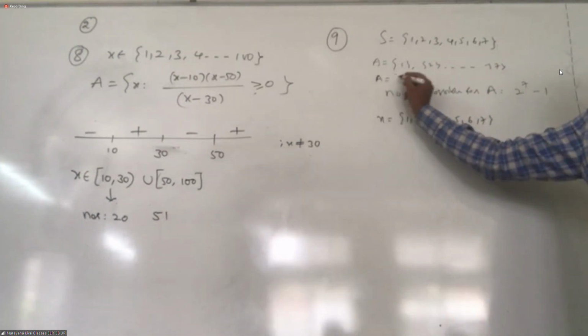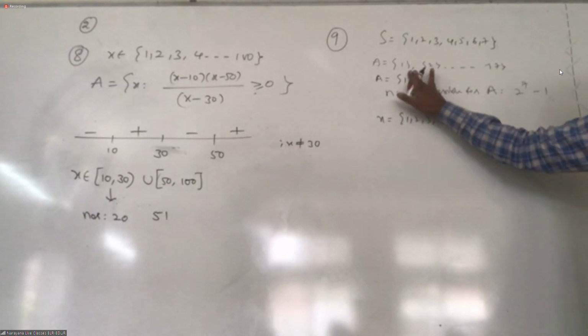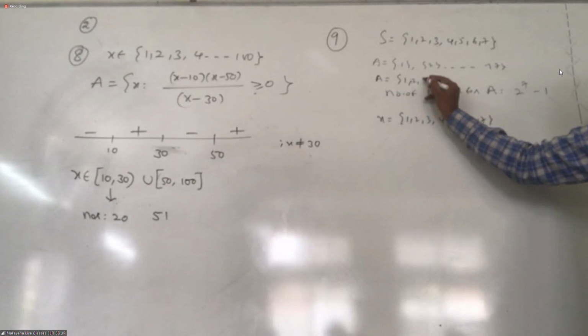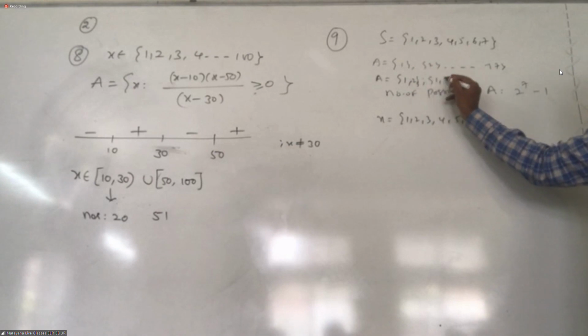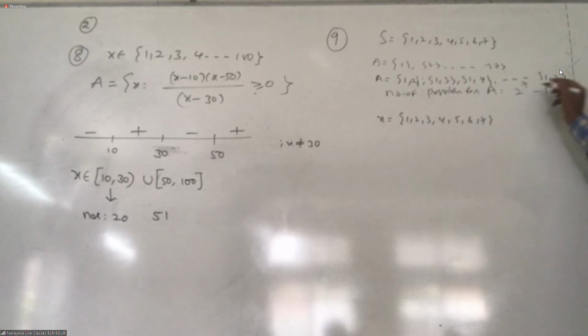Don't confuse me, try to get an idea first. The subset can be only A, right? Or like this, or even the subset can be 1, 2 or 1, 3, 1, 4, like that 1, 7, 2, 4, many possibilities.